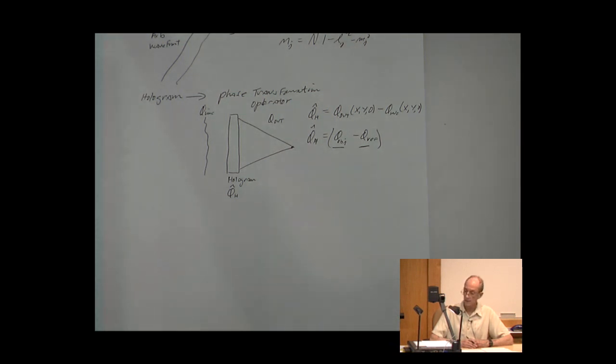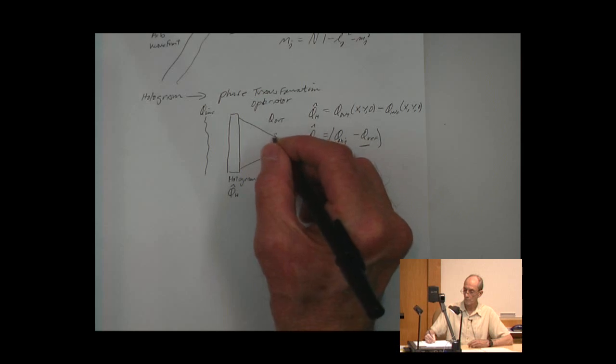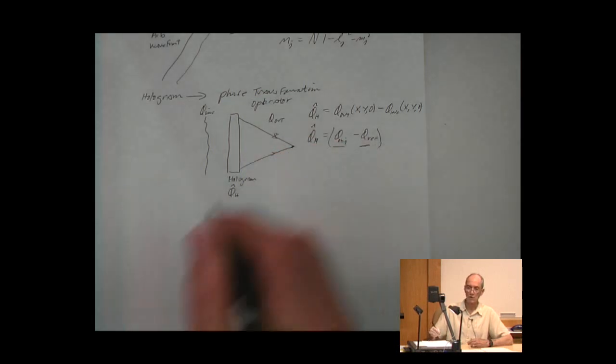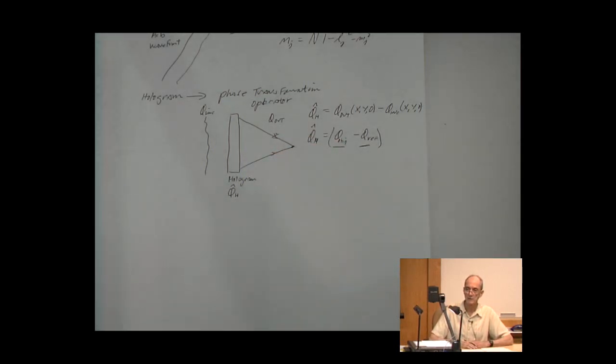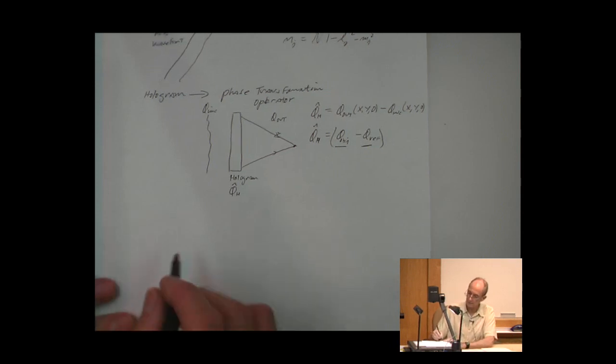And if we want to focus light to a point, or if we want to bring light to within a reasonable point that's acceptable for a particular application, we can also do that. So let's look at an example.